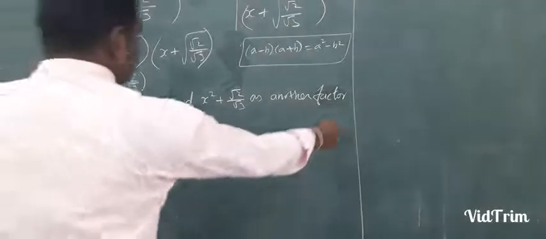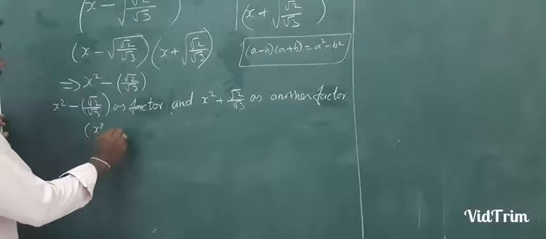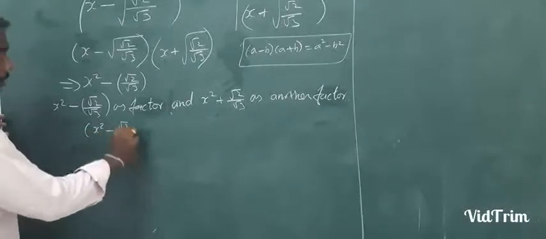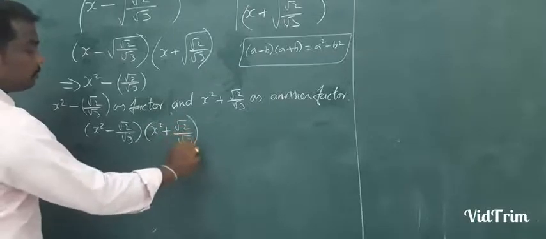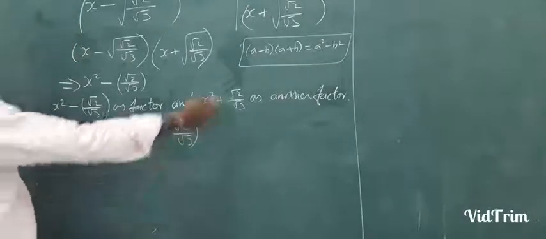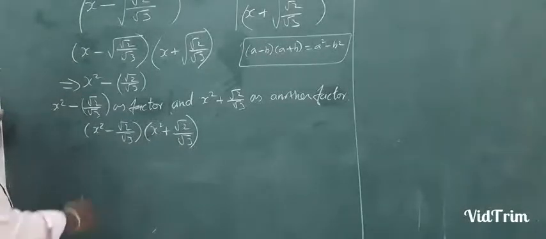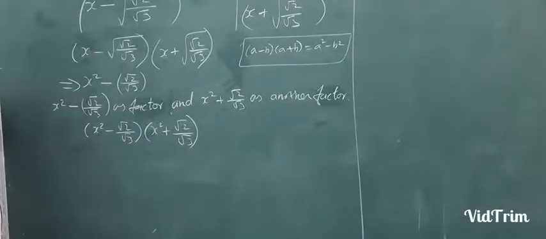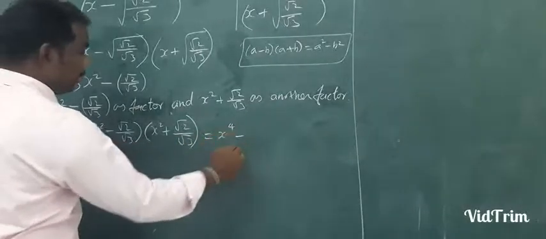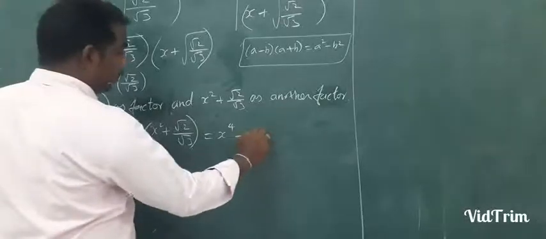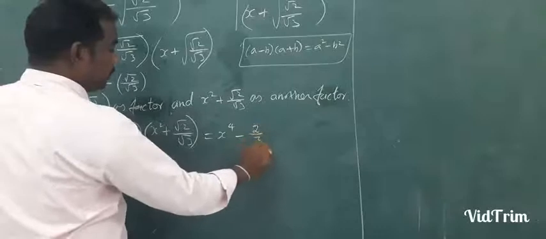Next you just multiply like this: x square minus root 2 by root 3 into x square plus root 2 by root 3. In the same manner, a minus b into a plus b is equal to a square minus b square. So x square into x square is x power 4, minus the square root has been cancelled, the remainder is 2 by 3.